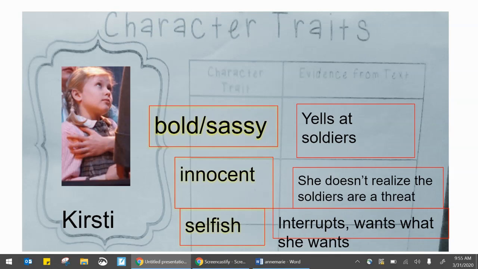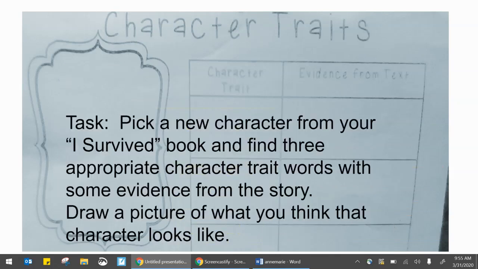She just doesn't realize that the soldiers are a threat at all. She doesn't mind talking sassy to them, or she doesn't really fear them. Another great word for Kirsty is selfish. She is only 5 years old after all. She interrupts a lot and she just wants what she wants. And that's why we giggle a lot when we hear what Kirsty has to say.